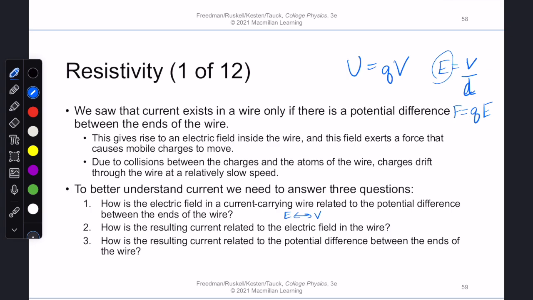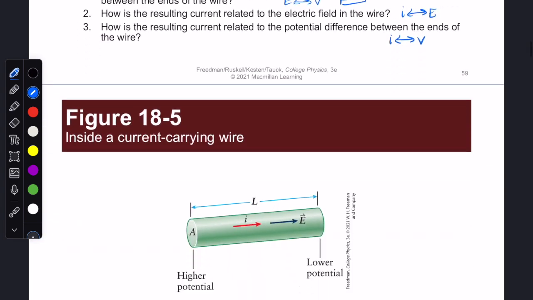We kind of already know that, but we're going to look at it in the context of a wire instead of out in outer space or in vacuum. Number two, how the current is related to the electric field in a wire. And finally, how the potential and the current are related. Okay, so we're going to look at these three relationships.